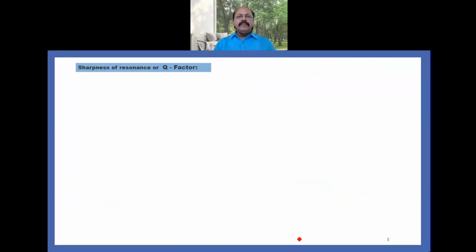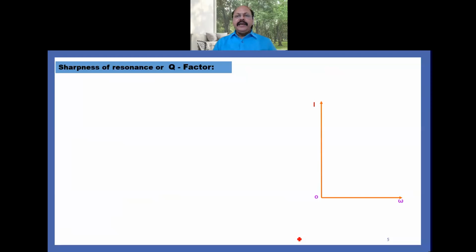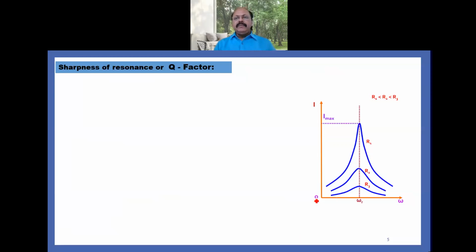Now we have to calculate the sharpness of the resonance, or quality factor. For that purpose, look at one diagram. Here we are saying that at resonance we get the maximum current. In the diagram, this is the graph between omega and current.